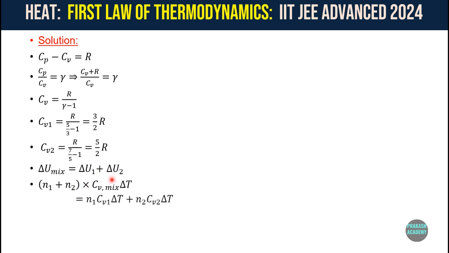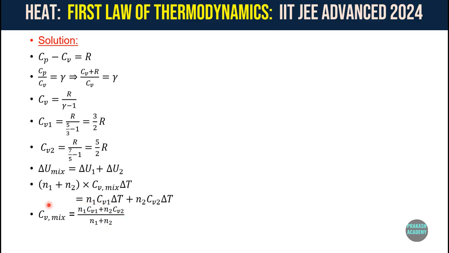The internal energy of monatomic gas will be n1 Cv1 times delta T, and that of diatomic will be n2 Cv2 times delta T. Delta T cancels, and I can write Cv mixture equals n1 Cv1 plus n2 Cv2 divided by n1 plus n2.